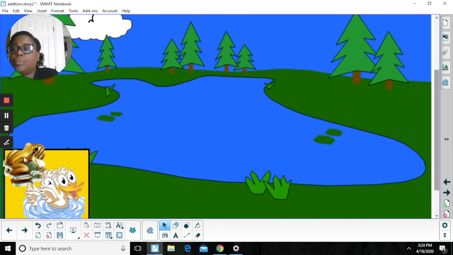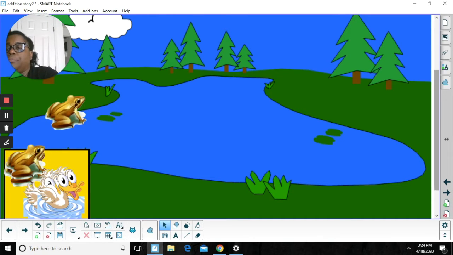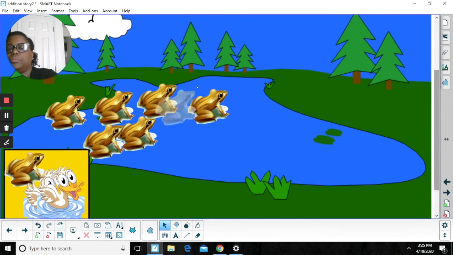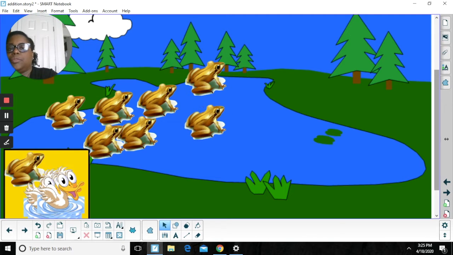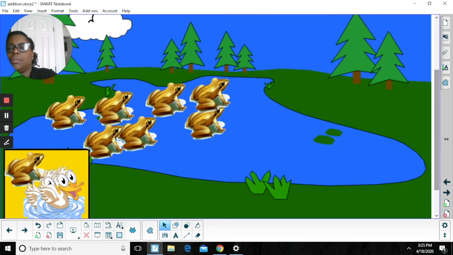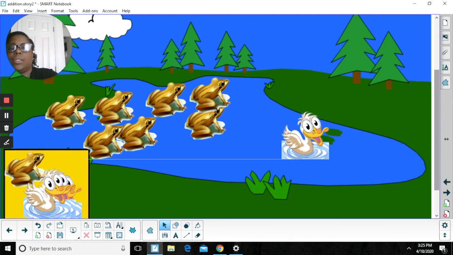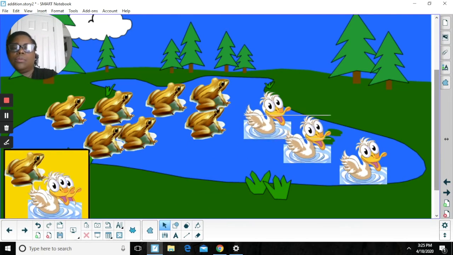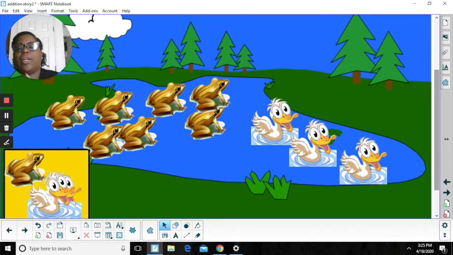This time we're going to put 7 frogs in the pond, and 3 ducks, okay? So we have 7 frogs in the pond and 3 ducks in the pond.